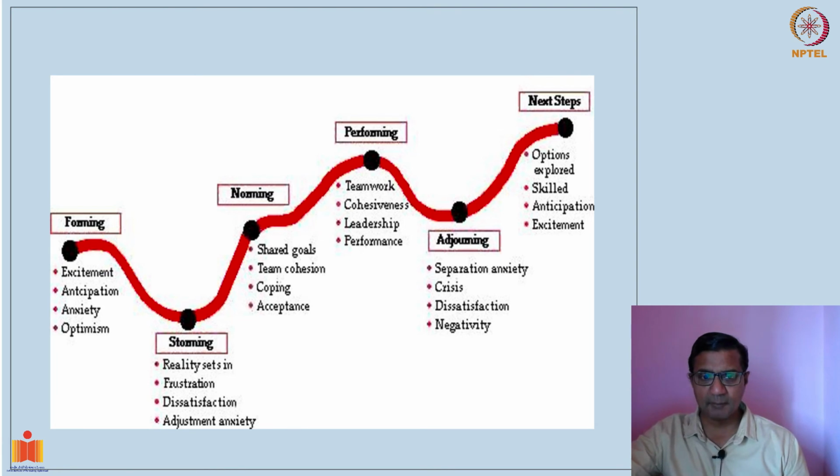For example, maybe in cross-cultural virtual work teams, the storming stage might be very high, or maybe in some cross-cultural virtual teams, they may forgo the storming stage also, because if everything is clearly written down, with clear-cut rules, you don't need to worry about setting up norms and things like that. So they may completely forgo the storming and norming stage.